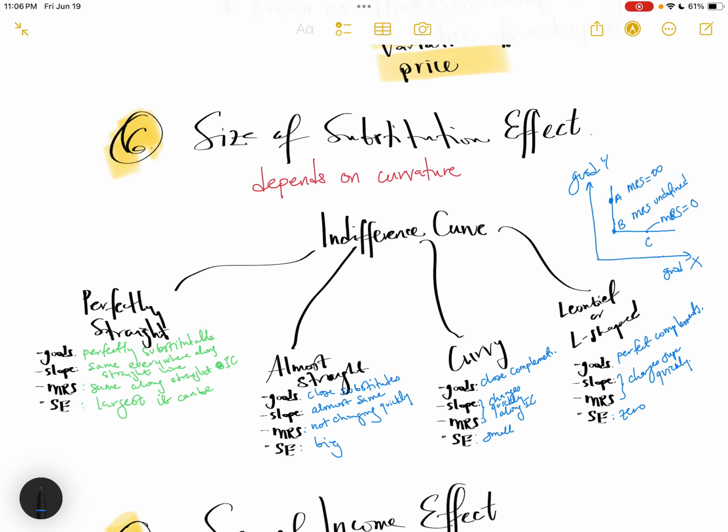When you have curvy indifference curves, the goods are close complements, and so the substitution effect is small. When you have L-shaped or Leontief indifference curves, the goods are perfect complements, and the substitution effect for that is 0, because perfect complements can't be substituted with each other.